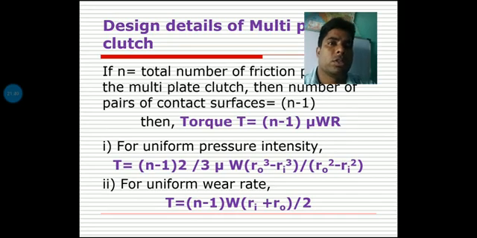That is the case of the multiple clutch for uniform pressure theory. Next, uniform wear theory: T is equal to (n minus 1) into mu W into (ri plus ro) by 2.